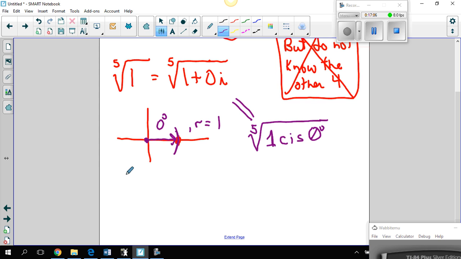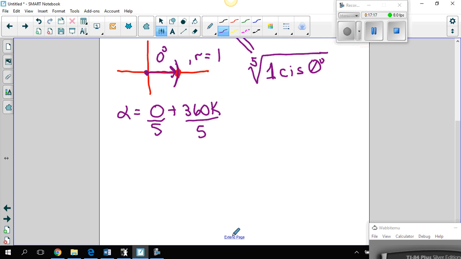Now the 5th root in CIS notation, we just have formulas for that. The most important is that alpha equals theta plus 360k over 5, which equals, what's 360 divided by 5? 72. So 72k, where k is 0, 1, 2, 3, and 4 this time, because we know there's 5 answers.